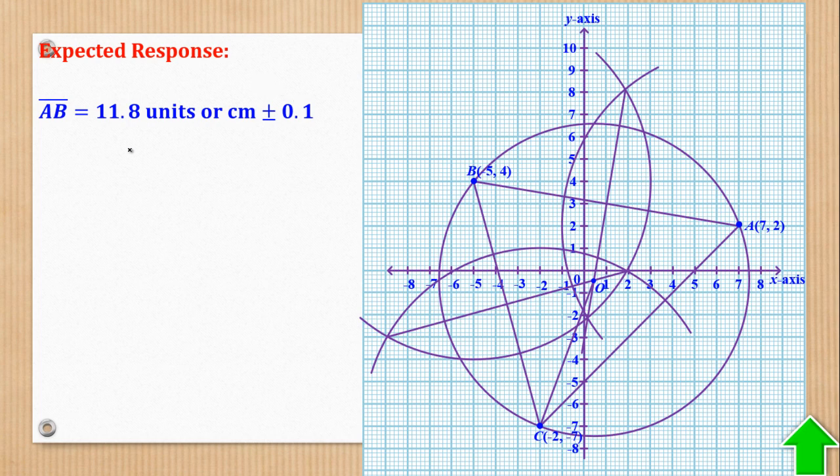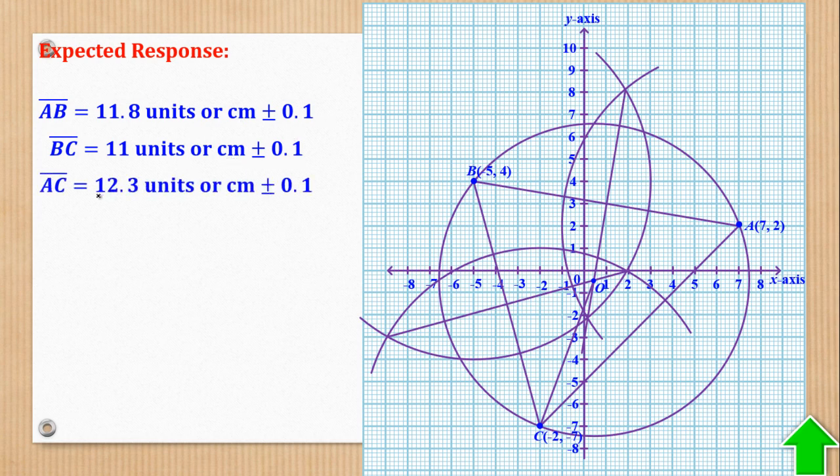That means that if you get 11.7, it is okay. If you get 11.9, it is still okay. Then BC is 11 units. This is to cater for error, so if you get 10.9 it is okay and 11.1 is okay. Then AC is 12.3, meaning that if you get 12.2, it's okay, and also if you get 12.4, it is okay.